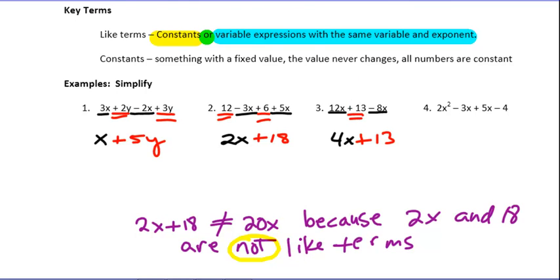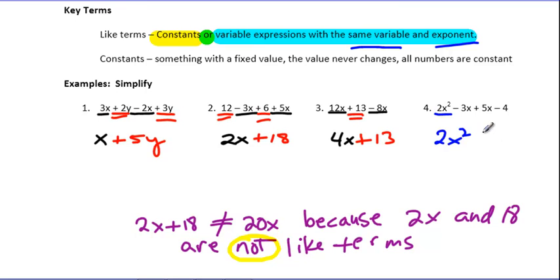Now the last one. This last one deals with this idea of not only the same variable, but the same exponent as well. When we have multiple variables, we're going to do something called descending order. Descending order means we always start with the biggest exponent and work our way down. So, for example, 2x squared. The exponent is a 2. That's the biggest exponent we have, so that goes first.